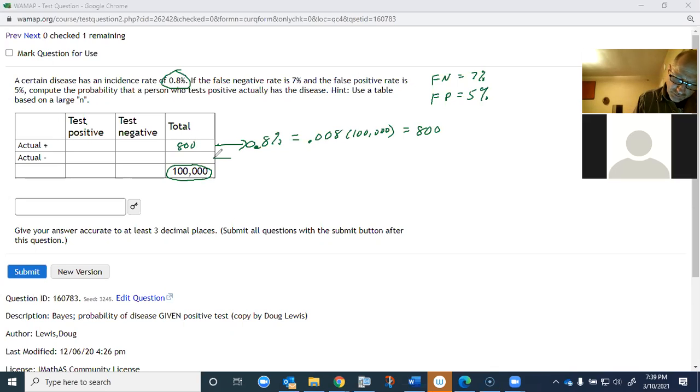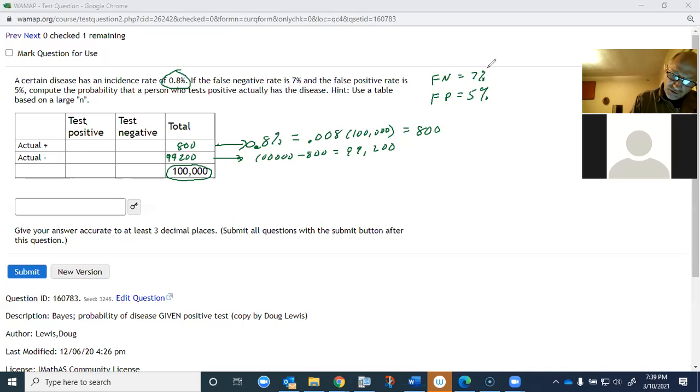And now the easiest way to find this is to take your 100,000 and subtract your 800. And that should be 99,200. If you do that on your calculator, you can check that out. So 99,200.